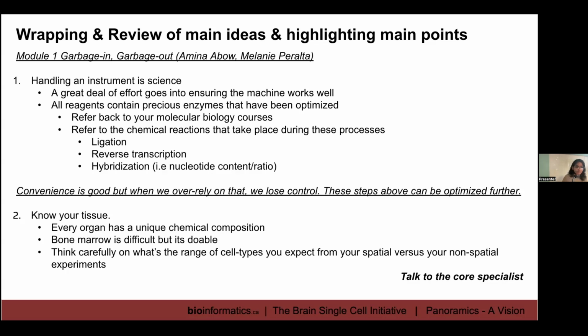So if you refer back to your molecular biology courses, you know that ligation, reverse transcription, hybridization, your GC ratios, all of this matters, which means that what you are capturing at the transcript level is dependent on many of the caveats or shortcomings that we have learned in molecular biology. So as these enzymes improve and get better, your platforms will change, and what you can gather out of it also changes. So try to understand all of this because it's important.